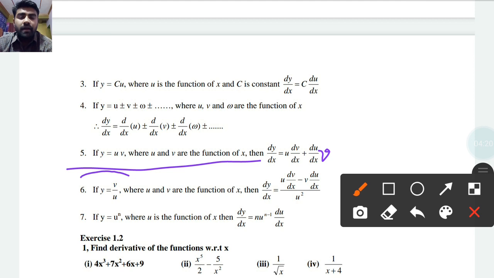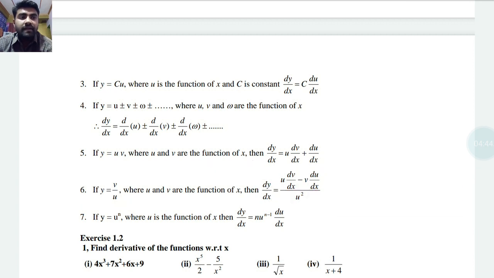Now differentiation for division. Denominator as it is, numerator differentiation, minus numerator as it is, means u as it is, denominator differentiation, upon denominator square. So that is the division rule.